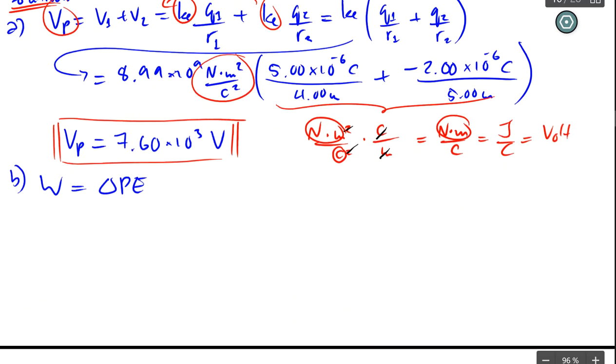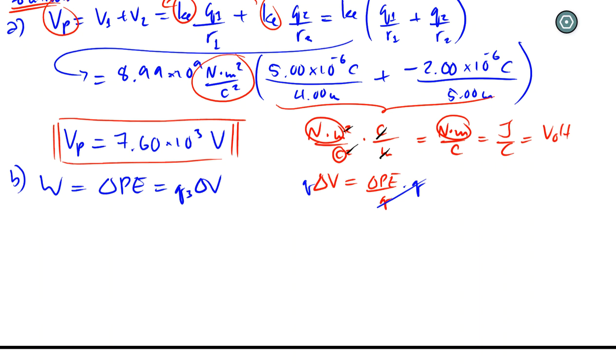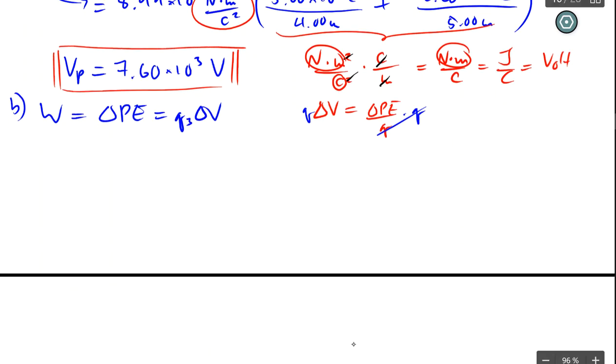The potential is the electric potential energy per unit charge. Multiply both sides by Q. I used this technique in a past video, and I get that the electric potential energy is Q3 times delta V. Now this delta V is actually the difference between the potential at point P versus at infinity.